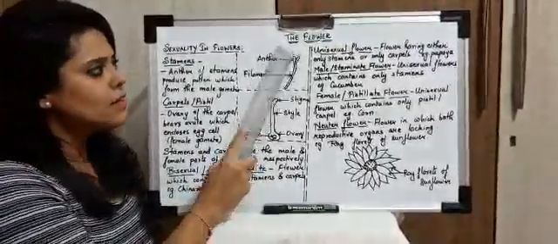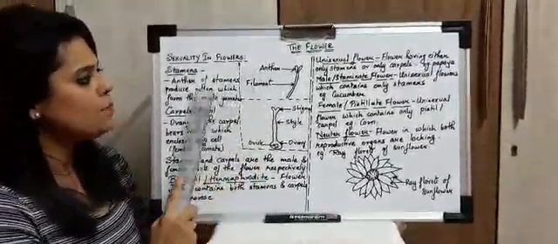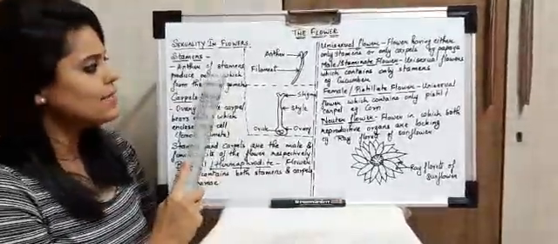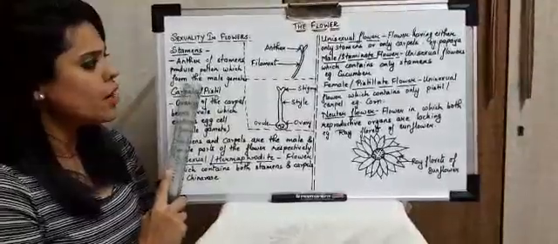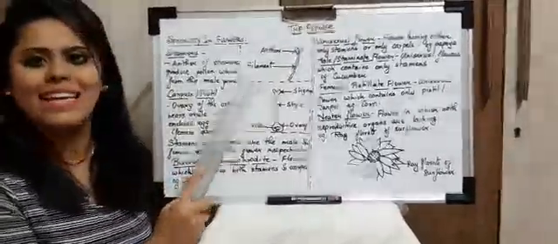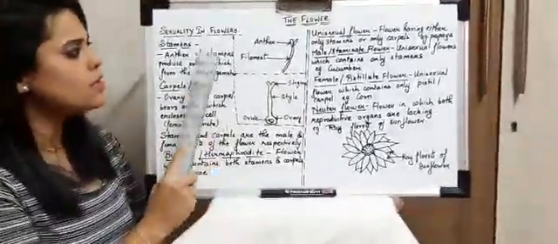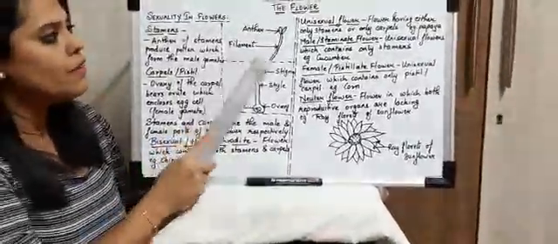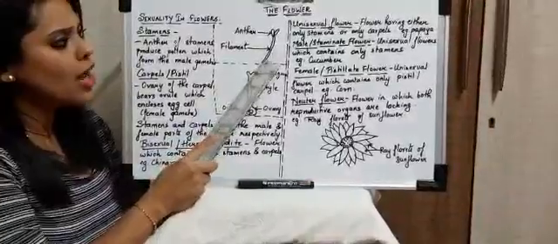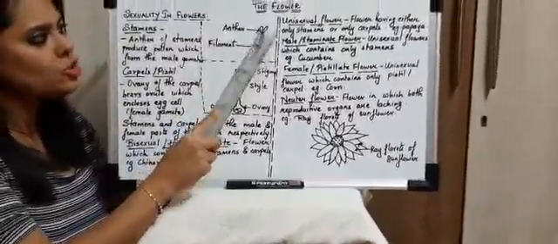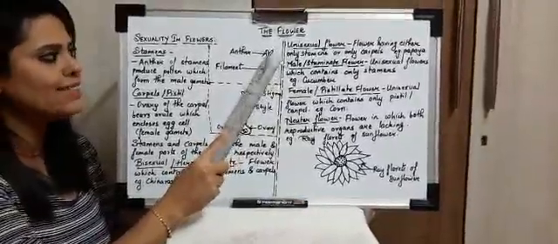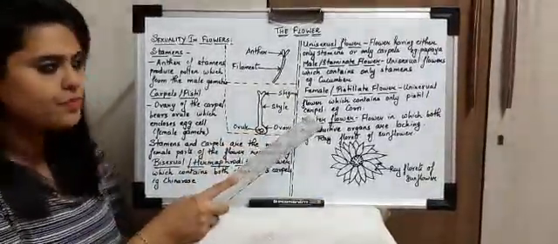Anther is required for the production of the pollens, right? And it is this pollen which further forms the male gametes. Filament is required just to raise. It's the thread-like structure. If you all remember, I had said it is required to raise the anther part.